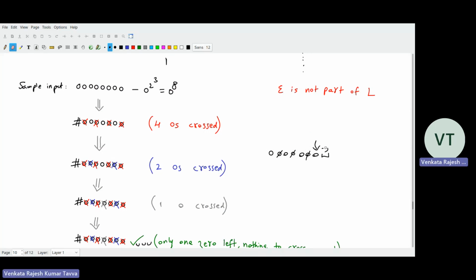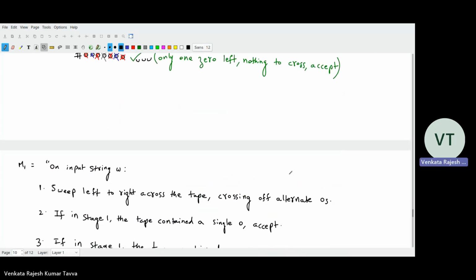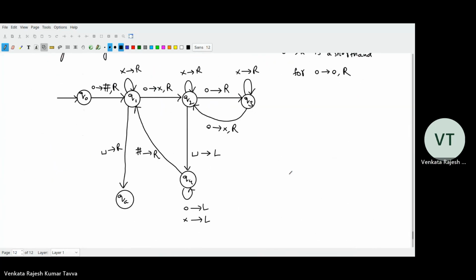Okay, how do I know if I am in even state? This zero, there will be some even zero that will also be crossed. Now I see a blank, which means this iteration is over, I should go back. Okay. Yeah, so if I'm in Q3 and if I see a blank now, I should reject.